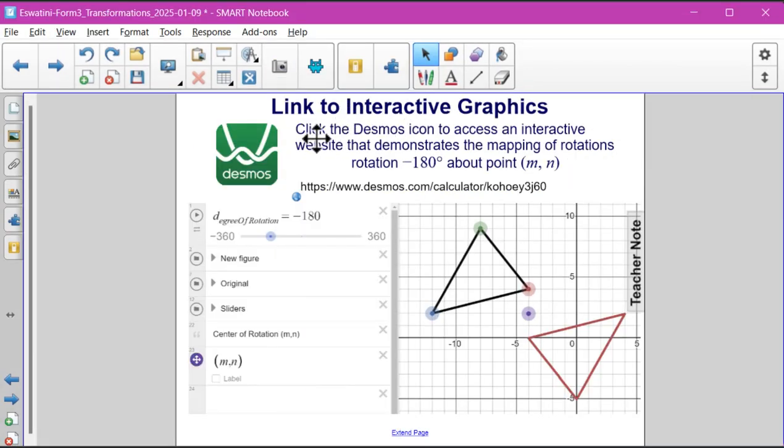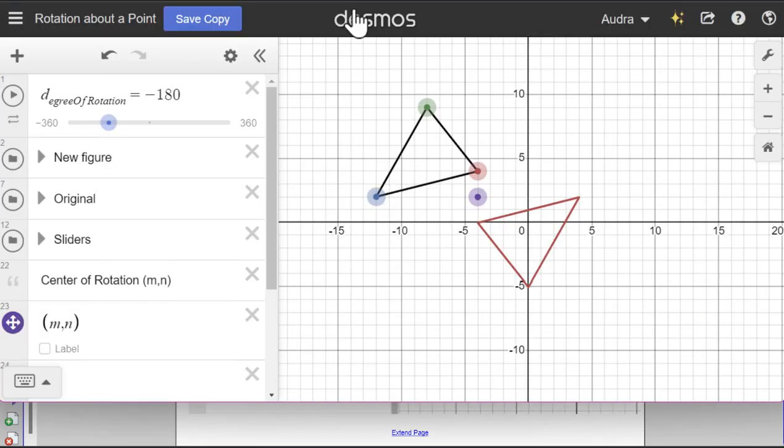Here's a link to some interactive graphics that we can explore rotations with. So if I click on this link or this link here, they both lead to the same thing. What's kind of neat is you can actually take the center point and move it to wherever you want it to be. Right now I have it at the origin. And then we can change the degree of rotation.